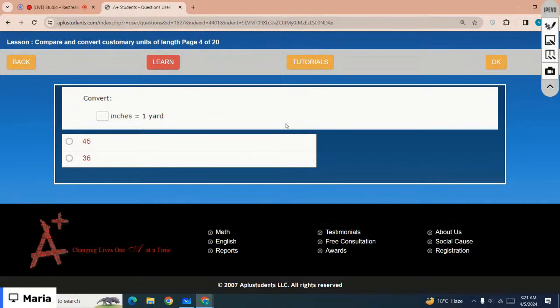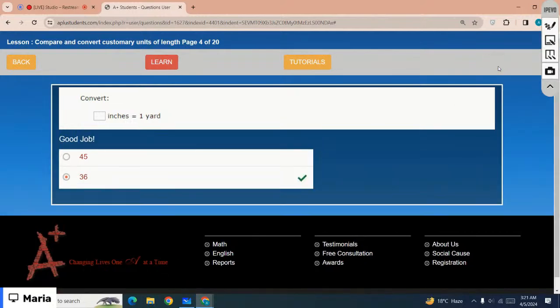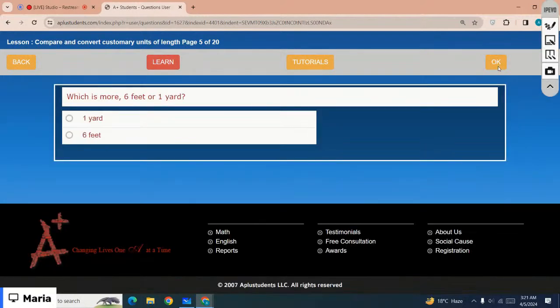The correct option is 36, not 45, right? The correct option is 36 inches. Which is more, 1 yard or 6 feet? Which is the correct option?